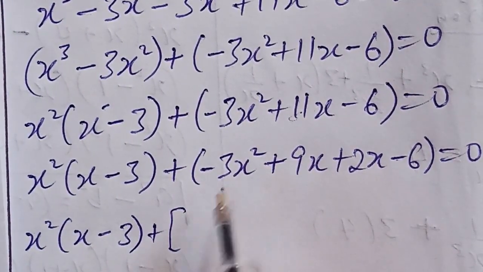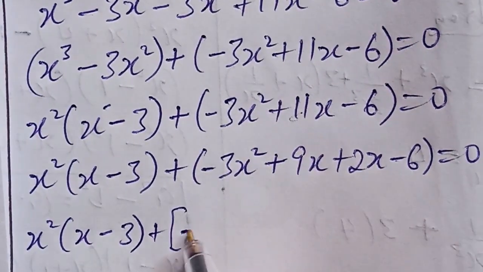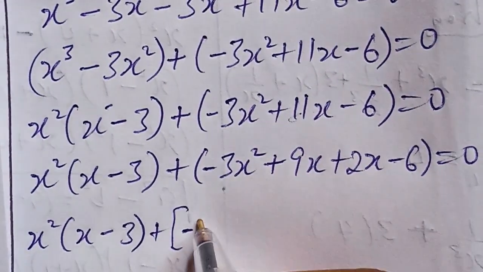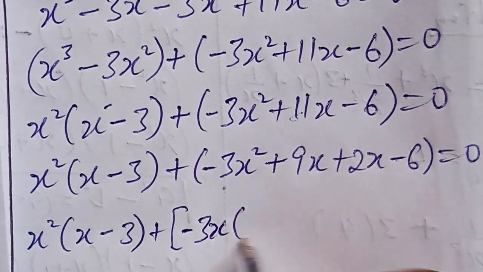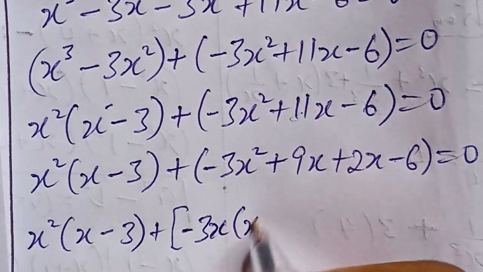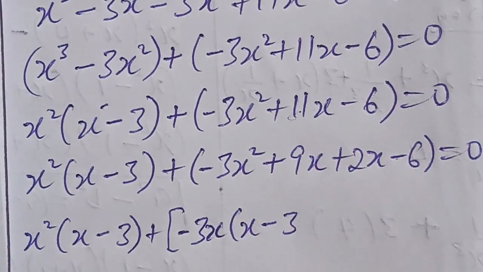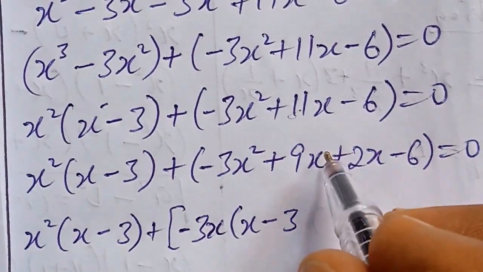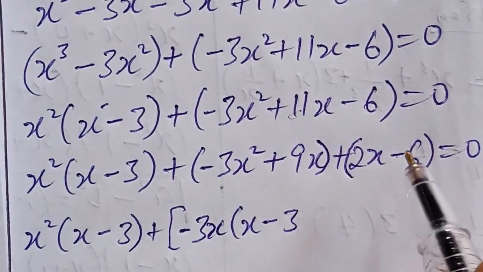Over here, this part we can factor out minus 3x, then we close the bracket, we have x minus 3. Okay, so we have to group this this way.